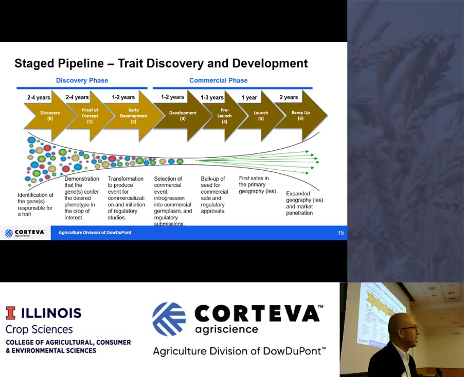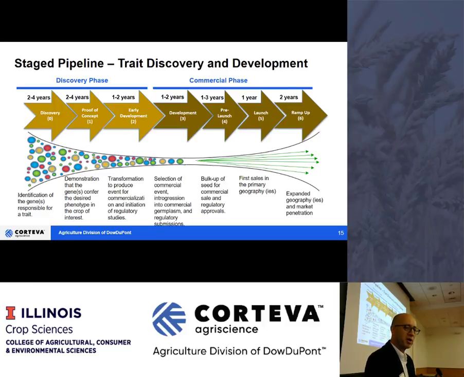You see these processes listed in a very linear way, but in fact there is a feedback loop that happens at some point because we are sensing all the time what is happening with the farmer, what are the needed solutions by the farmer, and all that information retrofits into our discovery teams early on.